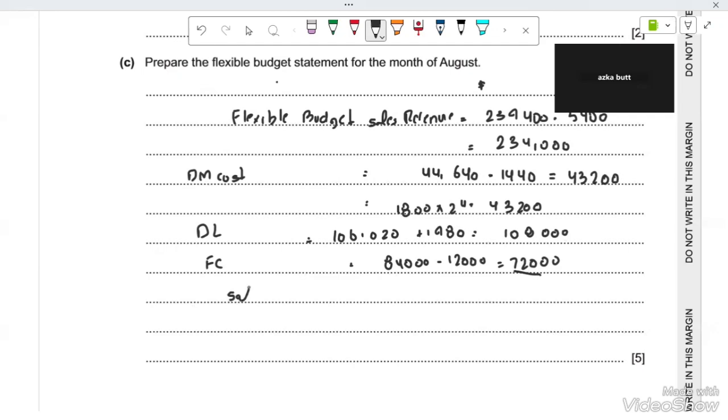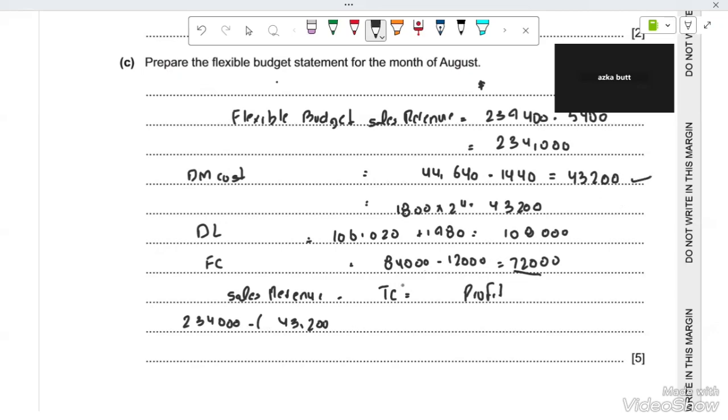So there is a formula to find out the profit. Sales revenue minus total cost is equal to profit. So the sales revenue, which is this, minus the total cost.